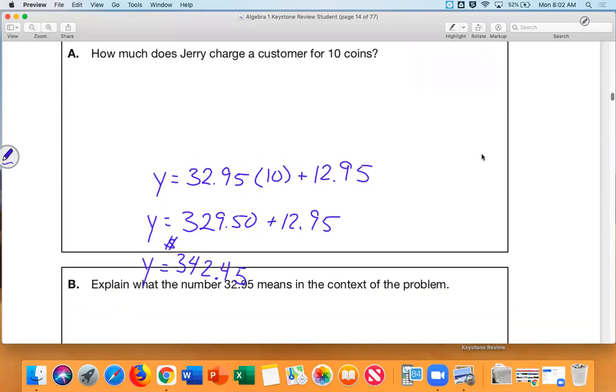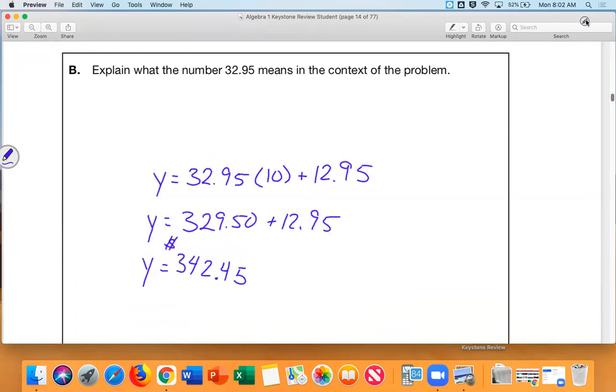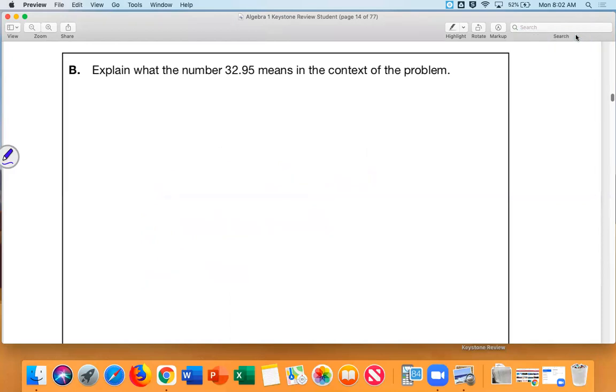Is that okay with you, Emma? Yeah. Now, the next part of the question was, what does 32.95 mean in the context of the prompt? It's simply this. X was coins, and we're talking about cost, so it's $32.95 per coin.